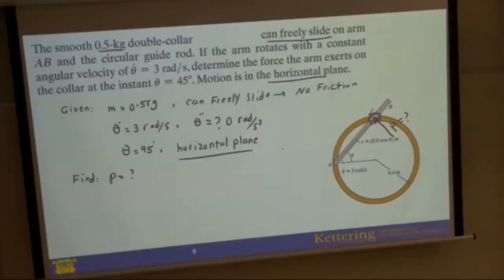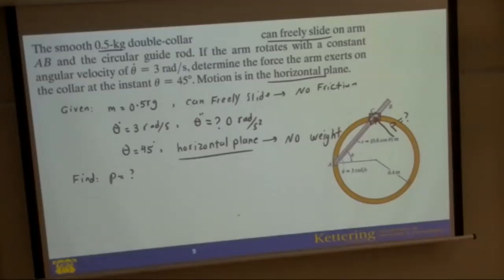That means we can ignore the weight. Correct. Sorry, just this conditioner makes a noise. Now, if it's on the horizontal plane, no weight. This problem is the simplest problem you can find in this area.